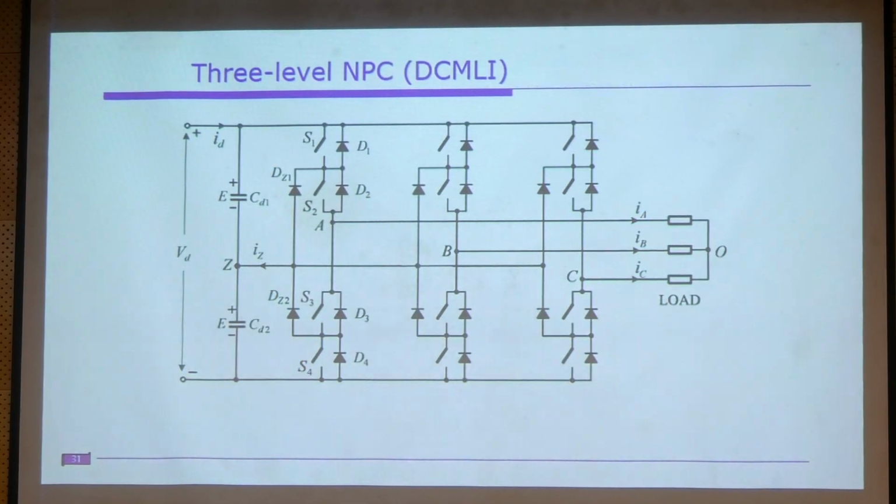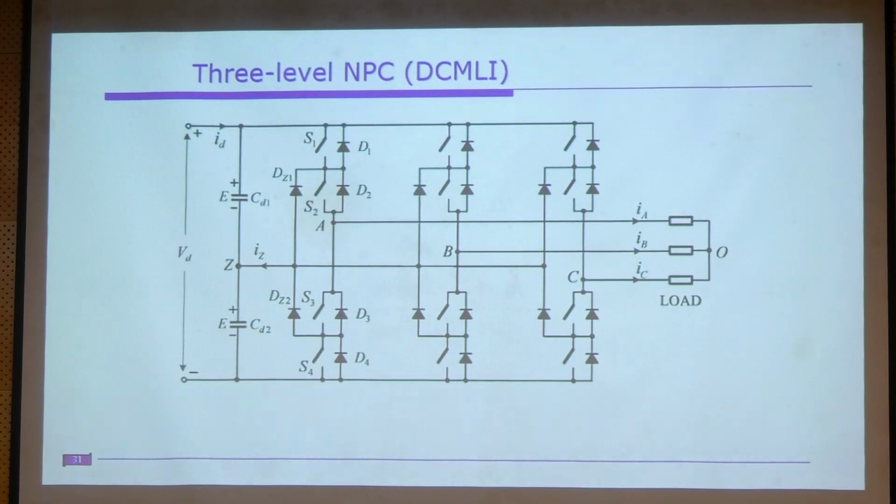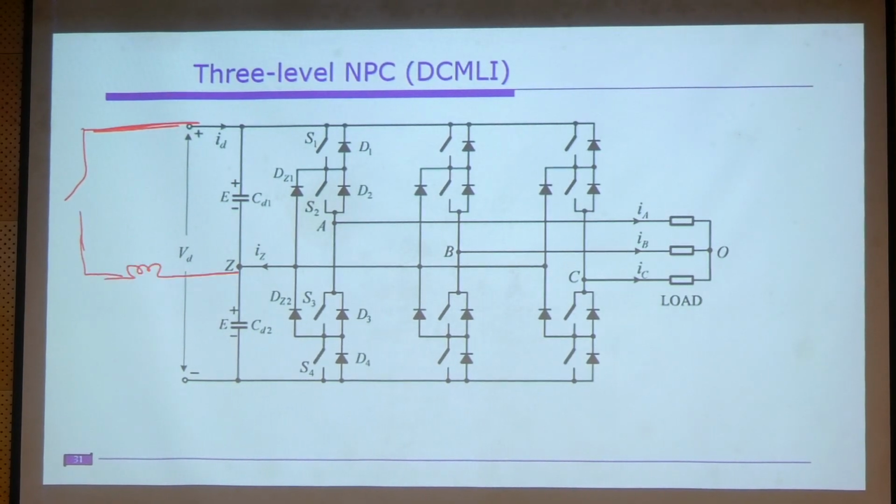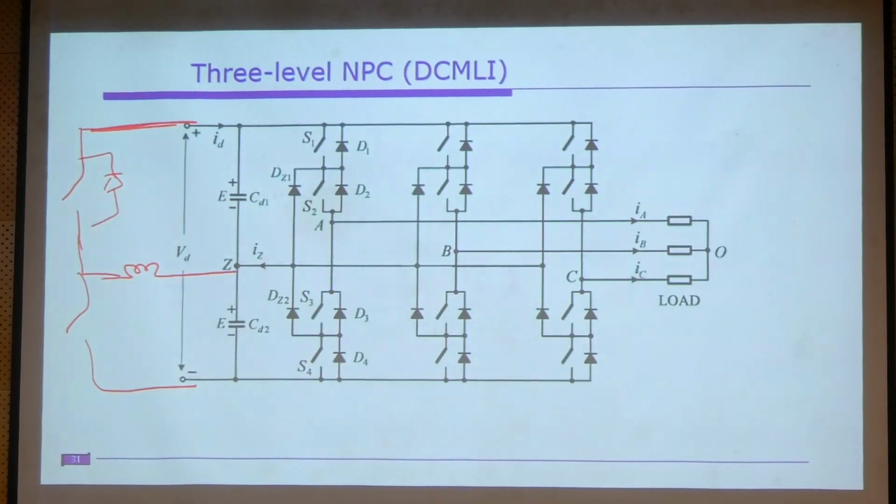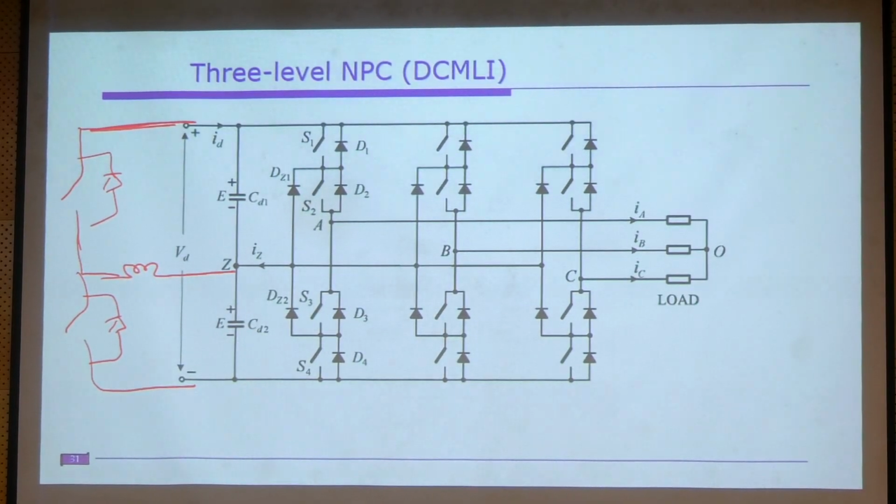One commonly used technique in the early days was connecting an auxiliary circuit like this. We connect an auxiliary circuit, known as a two-quadrant chopper or two-quadrant DC-DC converter.